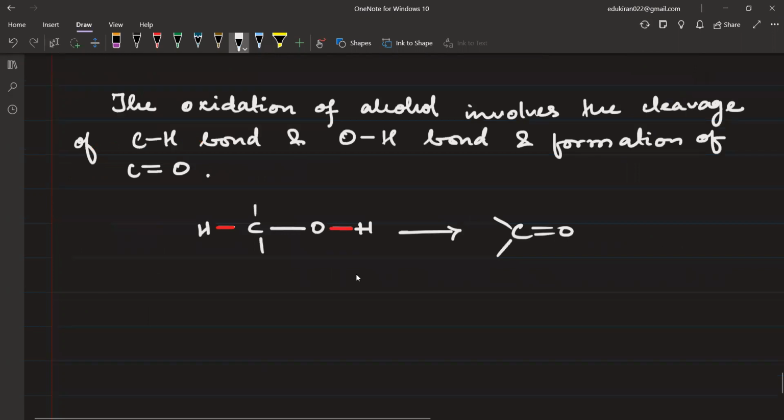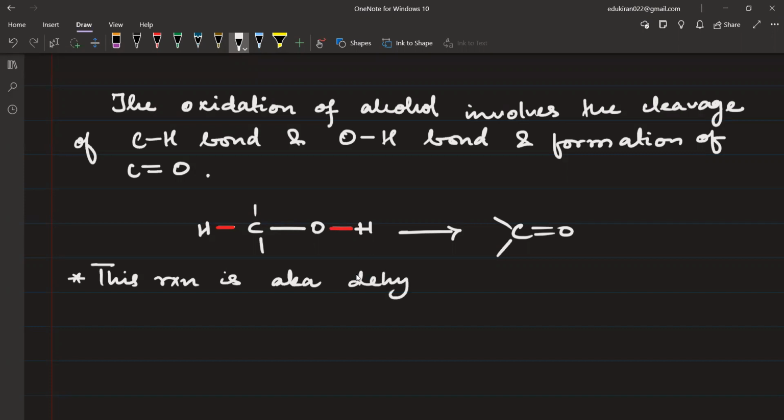As you can see, both the hydrogens are getting removed. That is why this reaction is also known as dehydrogenation.